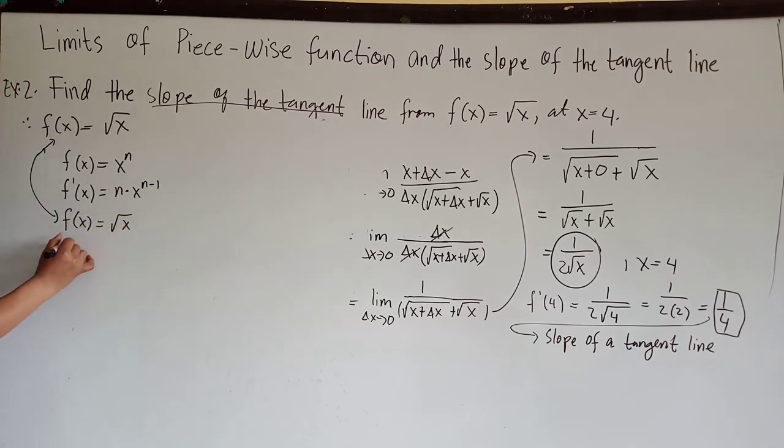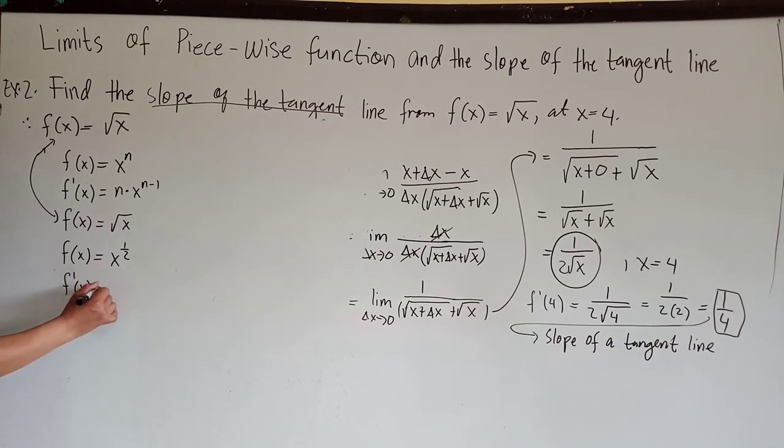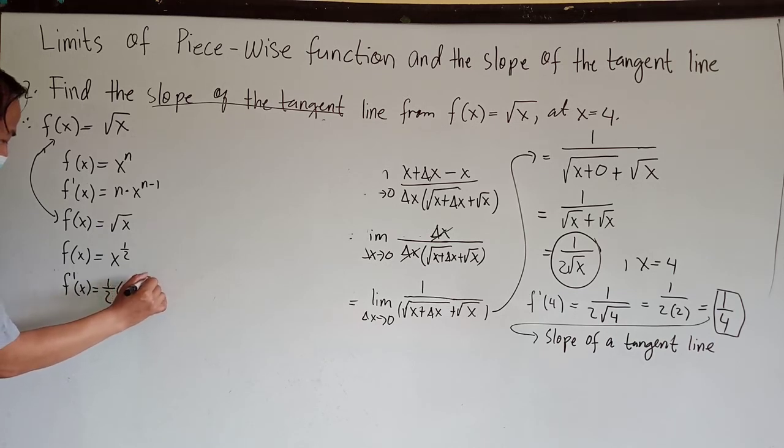First, we will simplify that into a rational exponent, so we have x to the power of 1 half. Then its derivative is f prime of x equal to 1 over 2 times x to the power of 1 half minus 1.